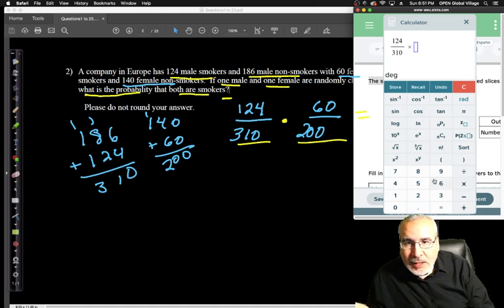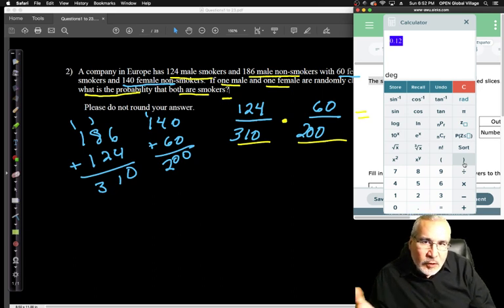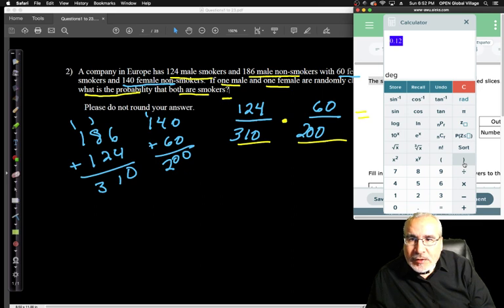We multiply by 60 divided by 200. And all we do is hit enter, and we get 0.12, which is 12%. 12% probability that between those two we get a smoker.